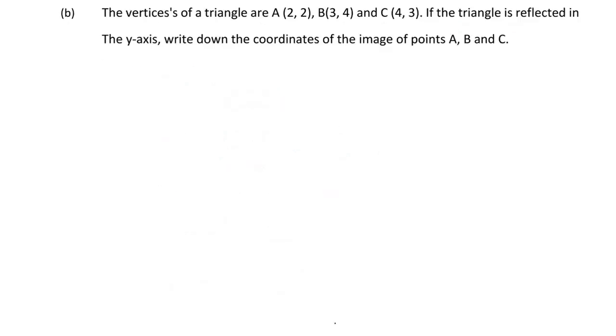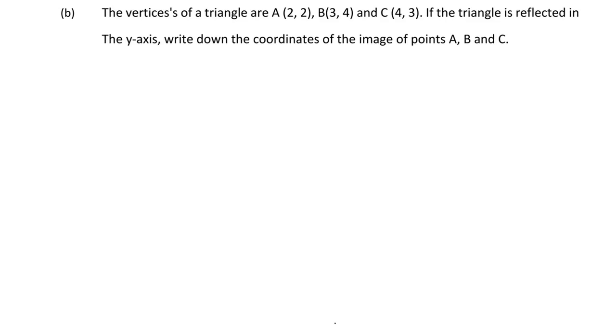Part B of the question, the vertices of a triangle are A 2,2, B 3,4, and C 4,3. If the triangle is reflected in the y-axis, write down the coordinates of the images of points A, B, and C. Okay, so this is a transformation problem.